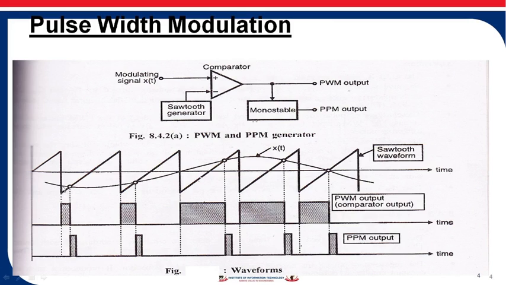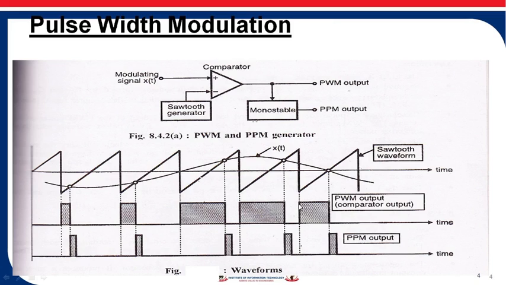When the amplitude of x(t) is greater than the sawtooth waveform, the comparator output goes high. After this, the amplitude of the modulating signal is lower than the sawtooth waveform. Then at this point, again the amplitude of the modulating signal is higher than the sawtooth, so the comparator output goes high for this duration. Likewise here also.